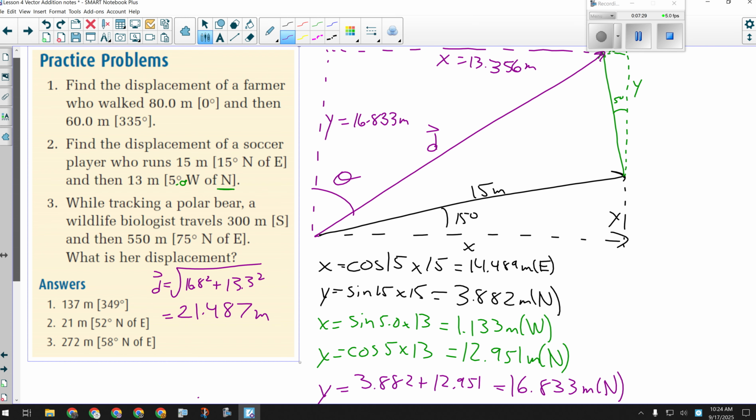Meters. Okay, I don't have a direction on that yet because it's diagonal. I now have to calculate theta. Pick your favorite trig function. You have all three sides at this point. Right, for me, I'm going to go tan to the minus 1. From this angle, my opposite side is x, my adjacent side is y, so that'll be the 13.3 divided by the 16.8.